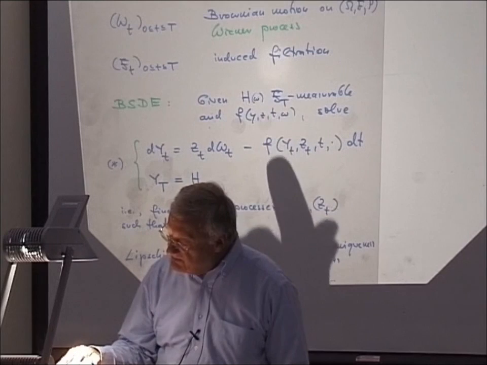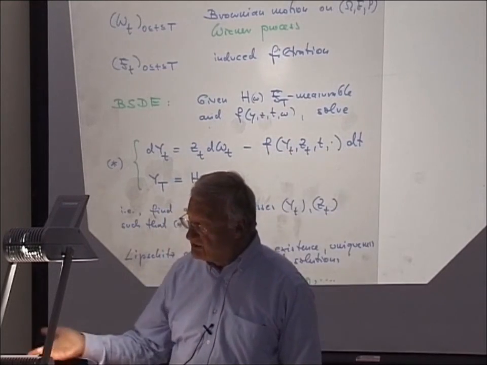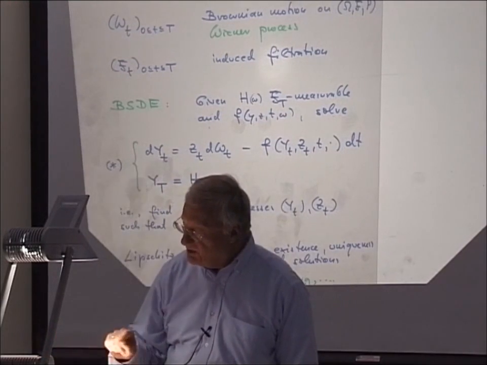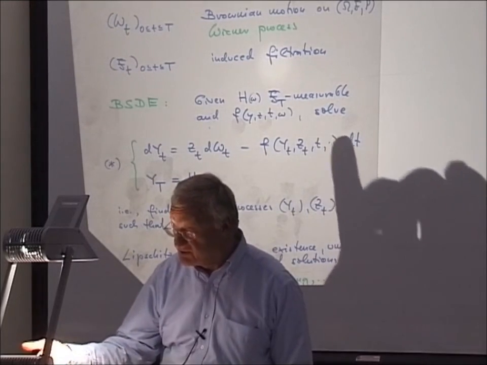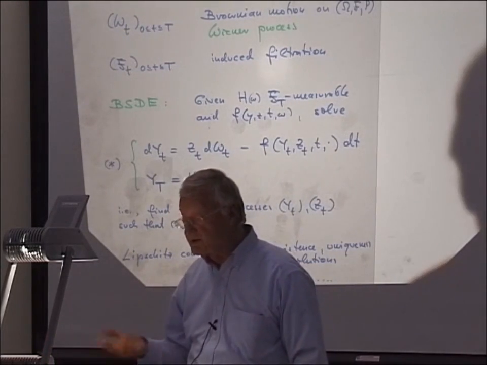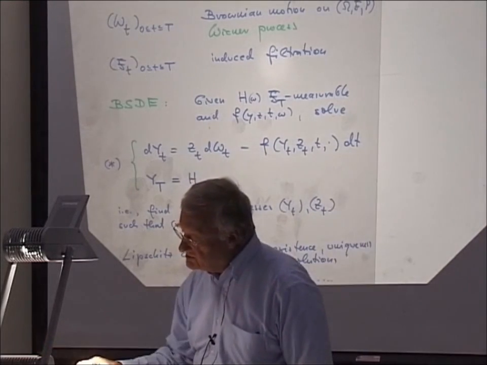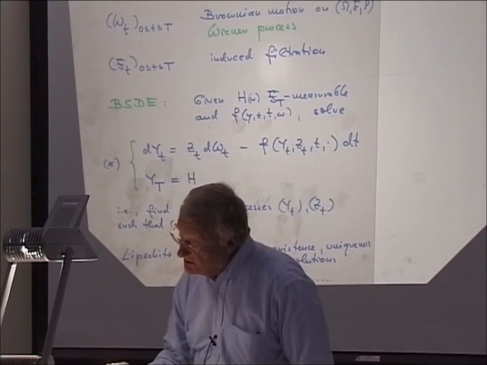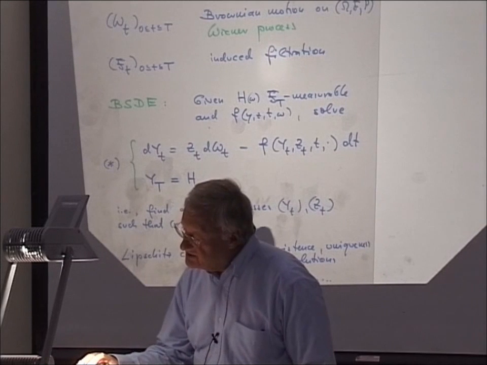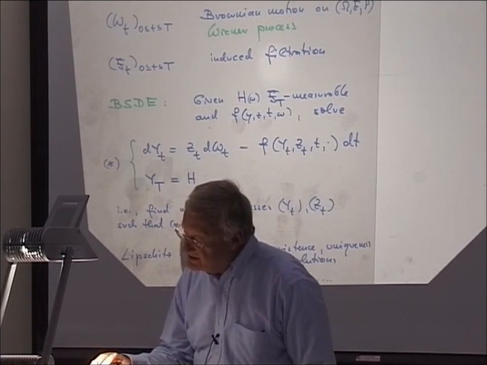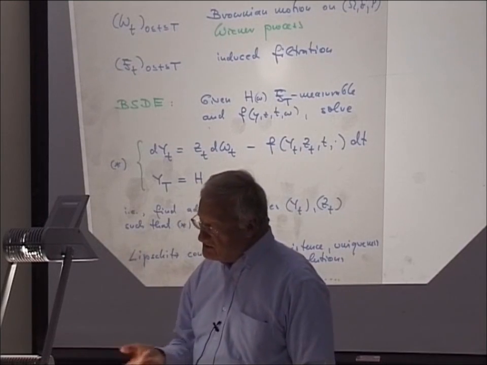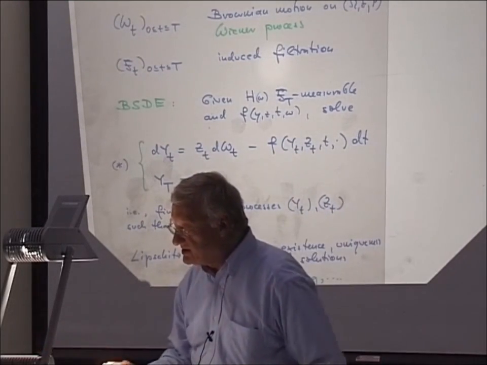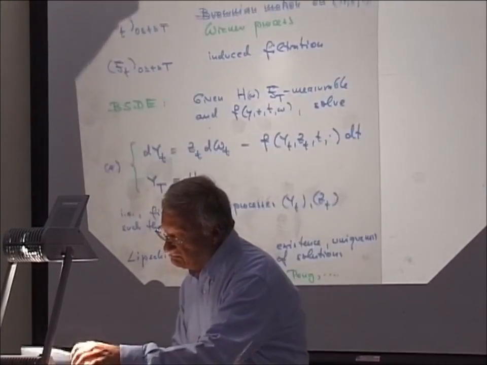And it's driven here by a function little f, which in principle may depend on yt, on zt, t, and here it may also be actually a process, not just a function, may depend on scenarios. Okay, so the problem is find adapted process yt and zt such that in the end you will get h, and so that the dynamics is described by this.